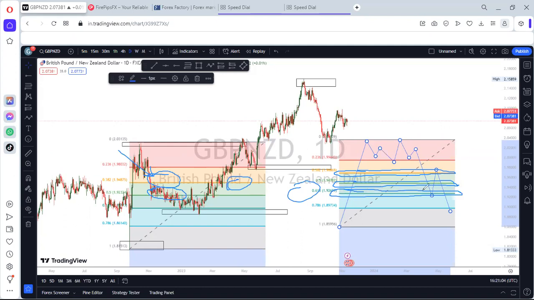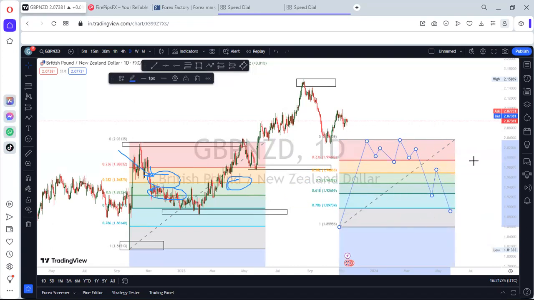So you often get this 50% and 61%. You can also get 70-something percent right here, but these two are most often. This is where the market most often forms a double bottom and then pushes back to the upside.